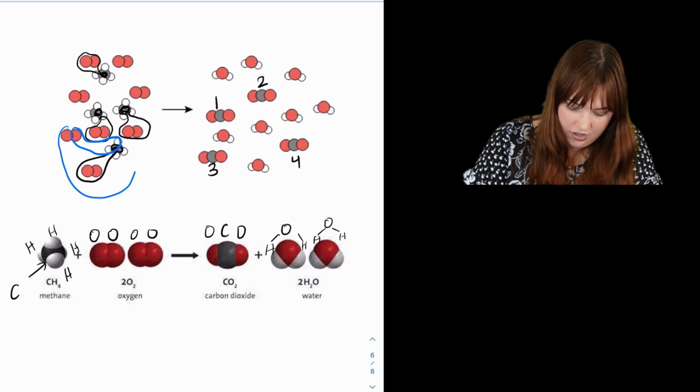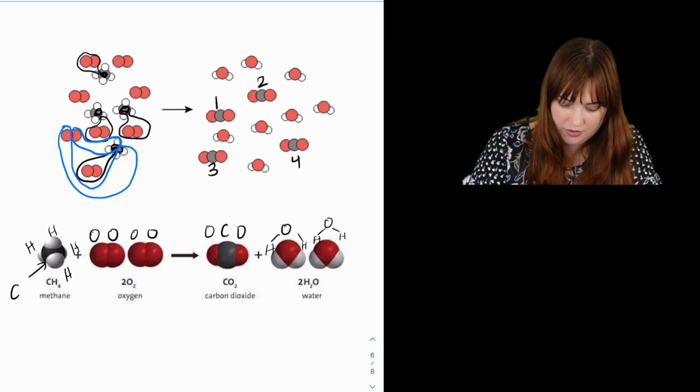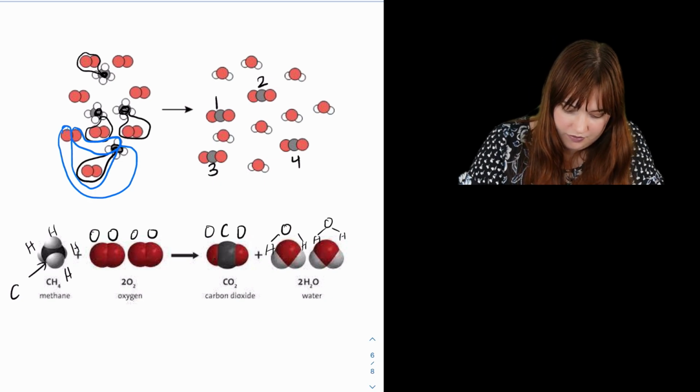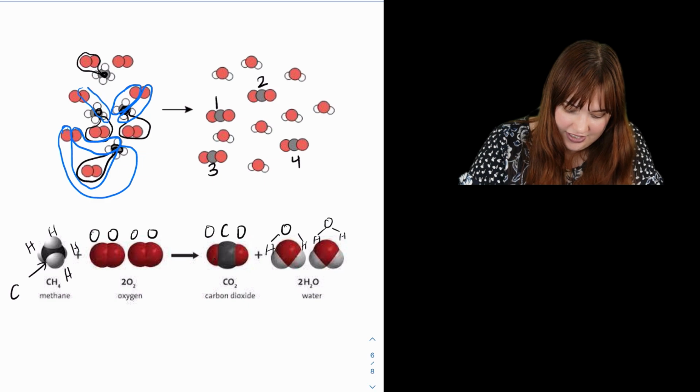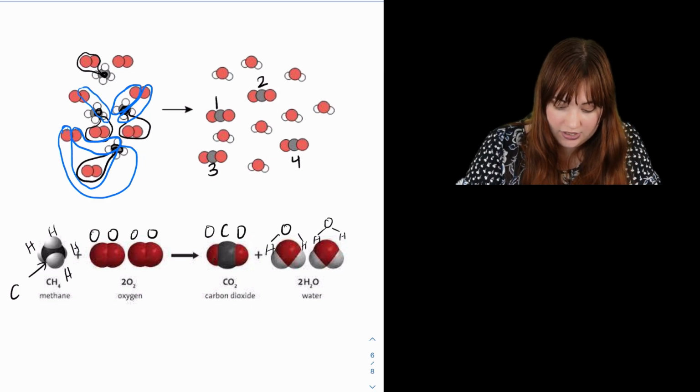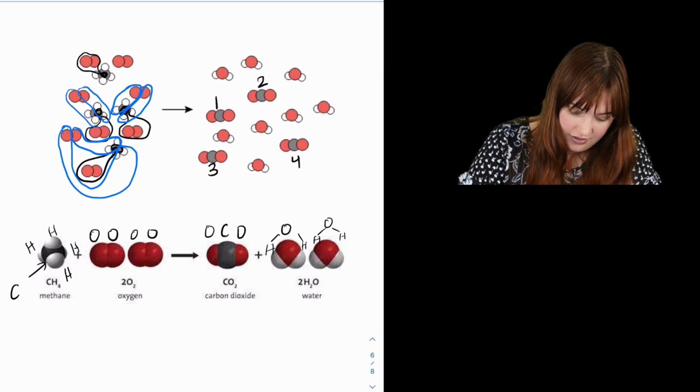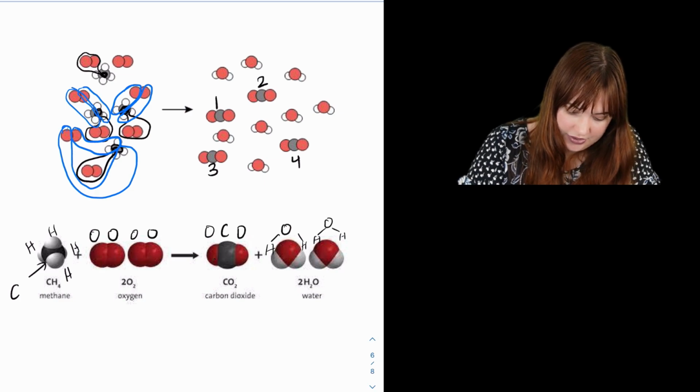Let's go all the way around here and grab those other hydrogens. These two will stick with this oxygen, those two there. You see how I'm just circling one oxygen and two hydrogens and seeing how many molecules I can make.